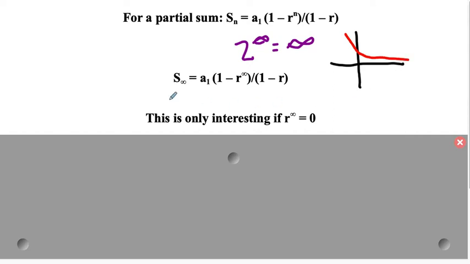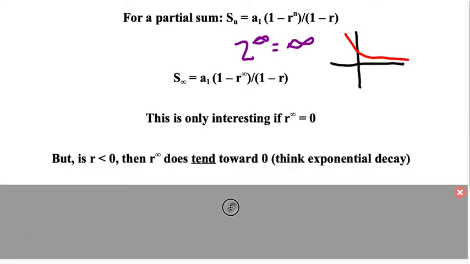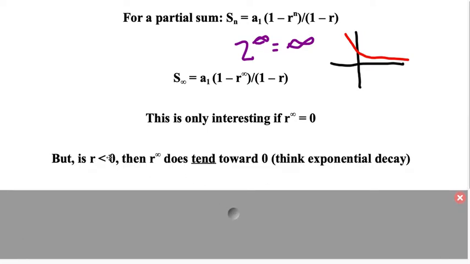What does this mean? It means that if the absolute value of r is less than 1, that is, if r is like 0.5 or something like that, then r to the infinity does tend towards 0. Think like exponential decay.